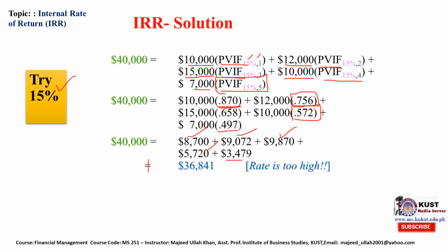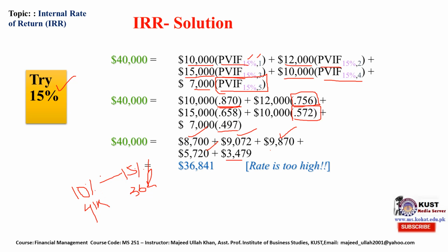So the rate is too high. Now we come to the conclusion that the rate is in between 10% and 15%. Because 15% gave us 36,000, 10% gave us 41,000 and some amount.